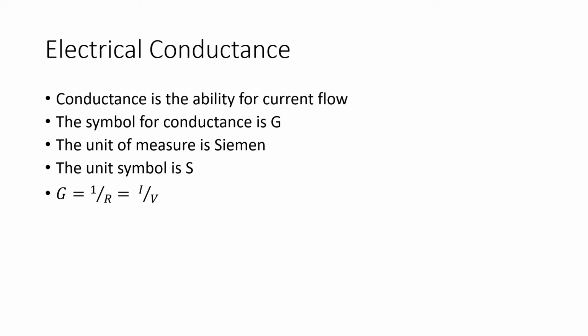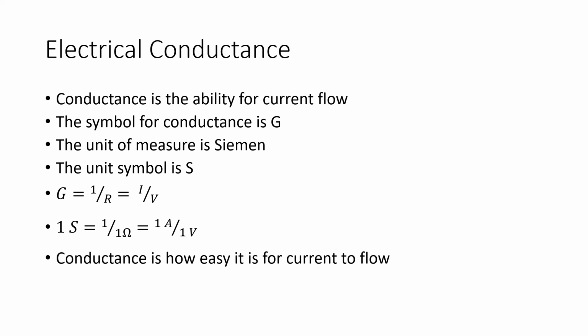Mathematically, conductance is the reciprocal of resistance, which can also be defined as current over voltage. 1 Siemen of conductance exists between 2 points when 1 ohm of resistance exists between those 2 points.